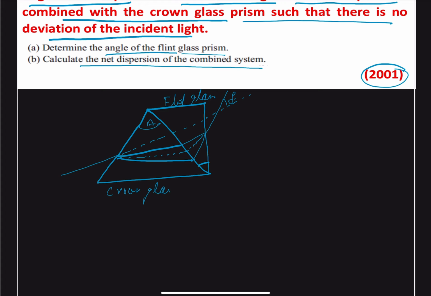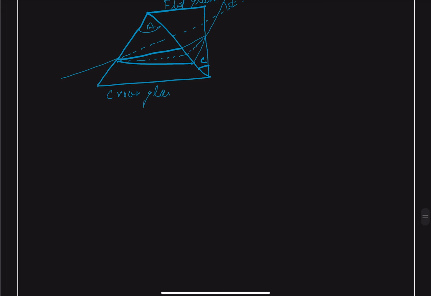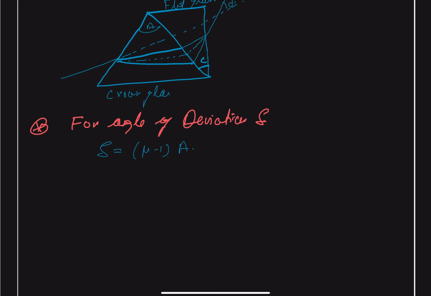We are given a small angle of the prism, so we already know that if delta is our angle of deviation, we can write the formula delta is equal to (mu minus 1) multiplied by A. This is for the small angle approximation.